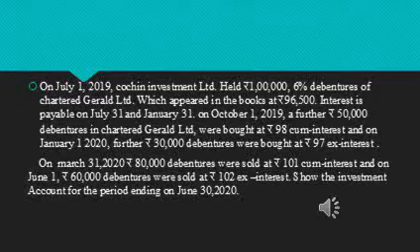On March 31st, 2020, rupees 80,000 debentures were sold at rupees 101 cum interest, and on June 1st, rupees 60,000 debentures were sold at rupees 102 ex interest. Show the investment account for the period ending June 30th, 2020.